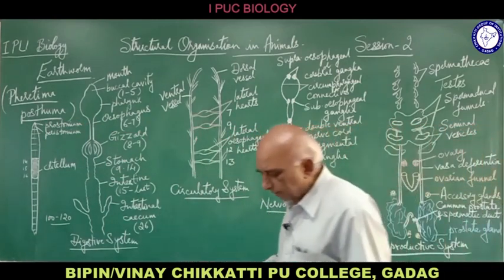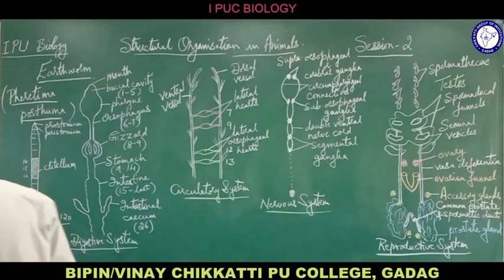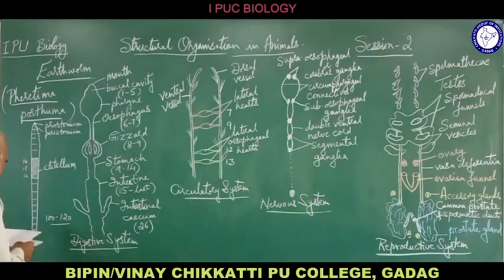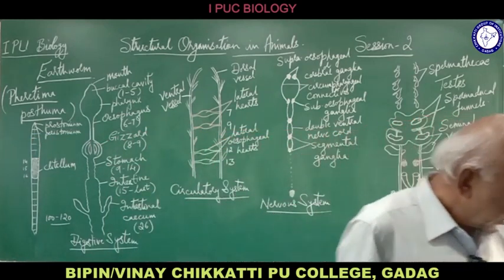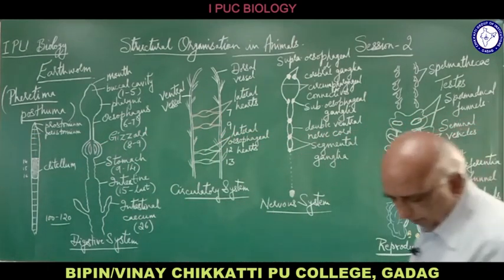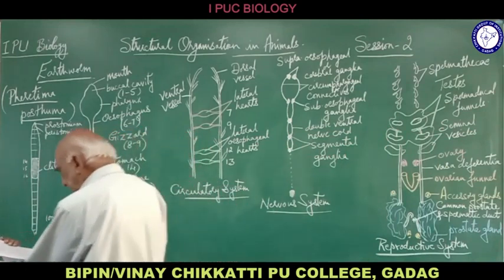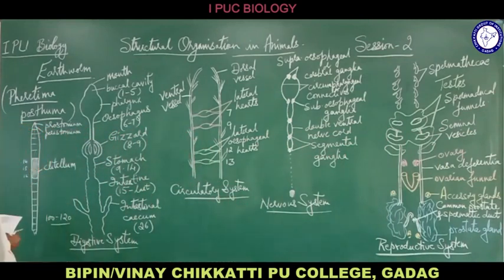These genital pores are present in the region of the 16th segment. There is a pair of male genital pores on the ventral side. These male genital pores are in the 18th segment here.